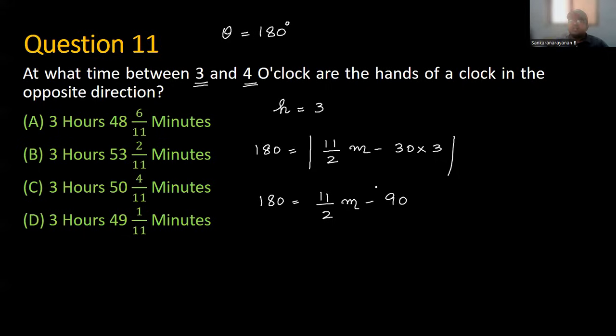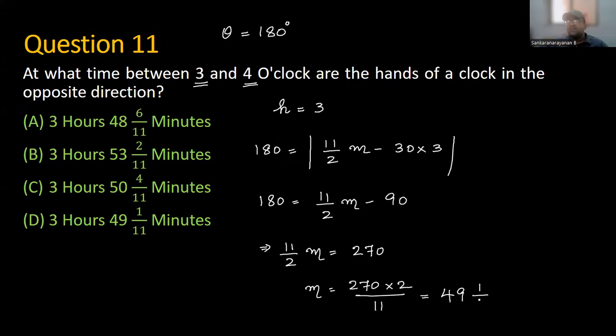Now, doing the simplification here, I can see that this implies 11 by 2m is equal to 180 plus 90, which comes as 270. That gets me m equal to 270 into 2 divided by 11. On calculation, 270 into 2 is 540. 540 by 11, when I am considering, this value will be coming here as 49 and 1 by 11.